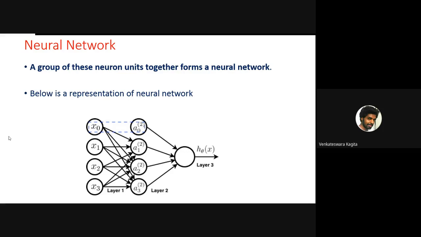This is a simple 3-layer network in which layer 1 is the input layer, layer 3 is the output layer, and layer 2 is a hidden layer. Just remember, a neural network with one hidden layer we call a shallow neural network. A neural network with more than one hidden layer we call a deep neural network.